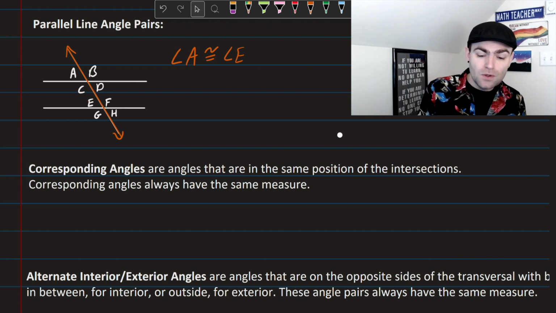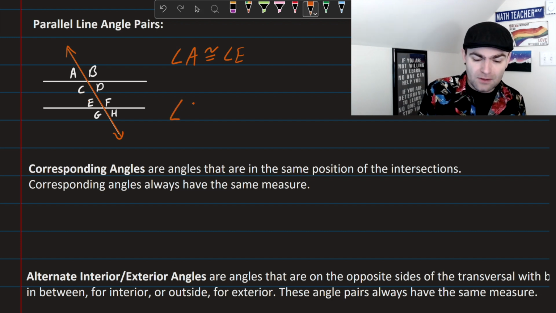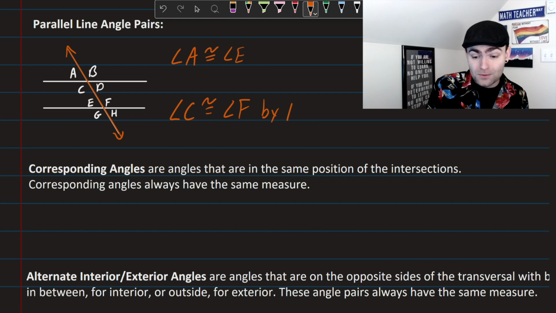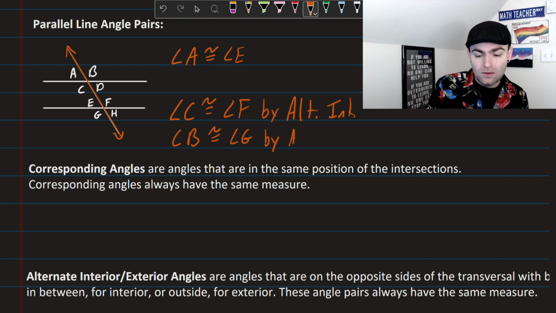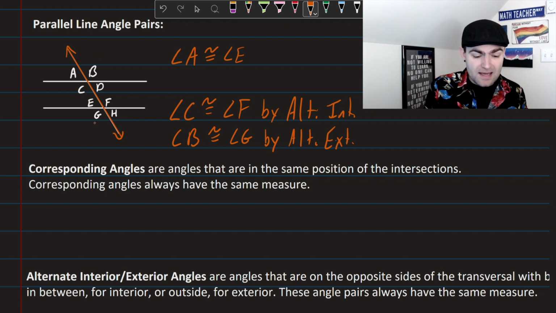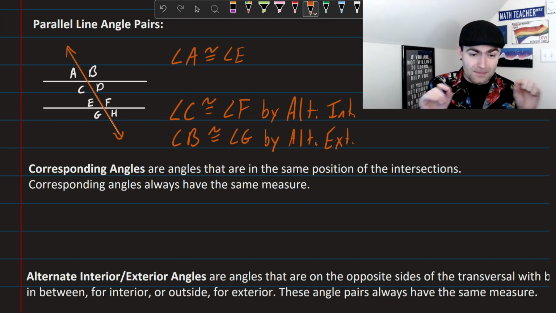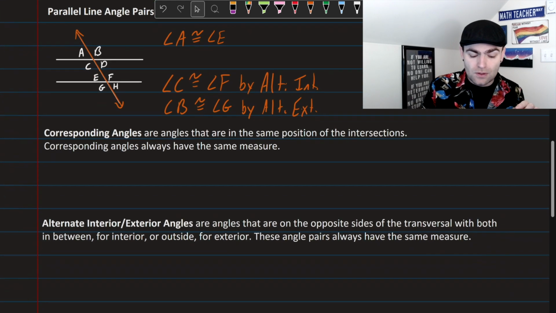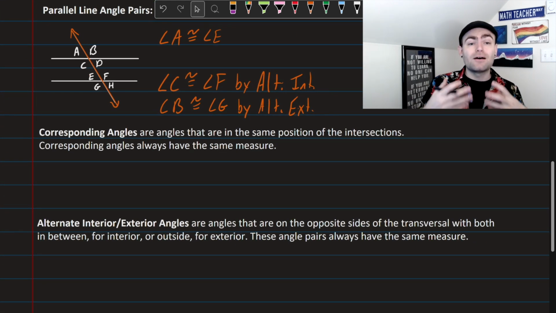So we could say that angle C is congruent to angle F by alternate interior angles, or we could say that angle B is congruent to angle G by alternate exterior. B and G are both outside and they're on opposite sides of that transversal. C and F are both inside the parallel lines and on opposite sides of that transversal. So those are your main ways of congruent angles.